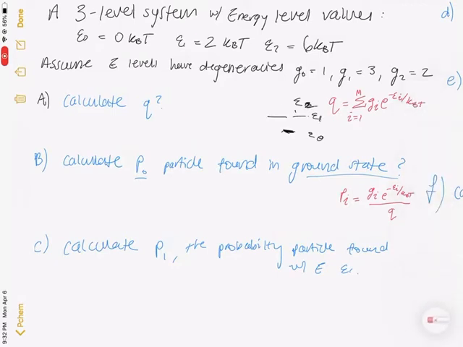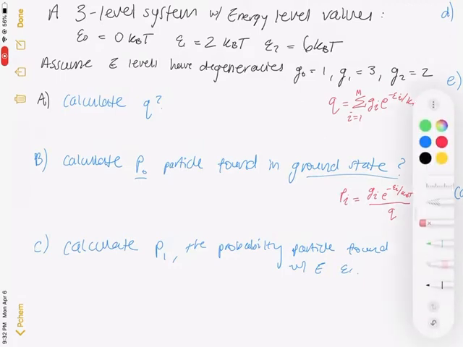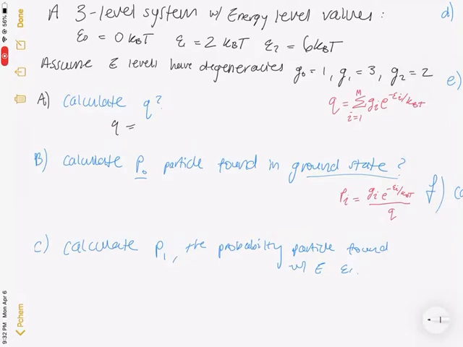To calculate the partition function, you have to substitute in the numbers. So Q equals the sum of g0 e to the negative E0 over kBT, and so on, and then lastly g2 e to the negative E2 over kBT.